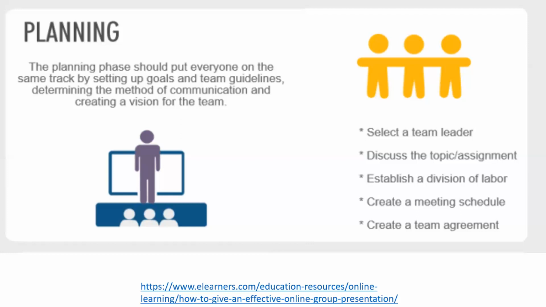So let me just repeat one more time. The planning phase should put everyone on the same track. You should have team guidelines. You should choose a method of communication and create a vision for the team. All right, you should have a team leader. I hope you have one by now. You already know what your topic is.